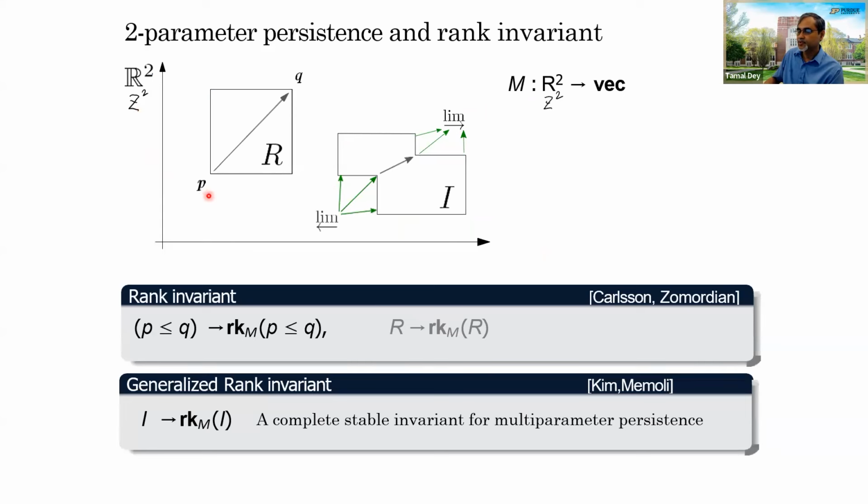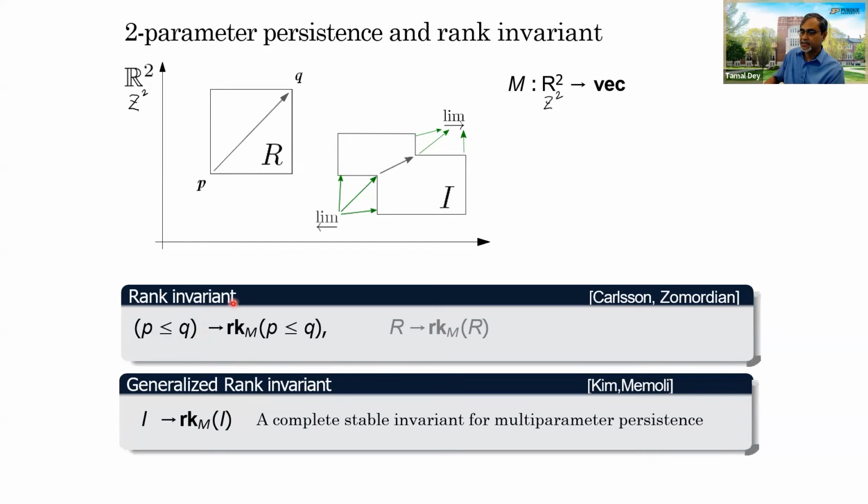For such a two-parameter persistence module, we already know that there is this rank invariant concept by Carlsson and Zomorodian. Basically, given 2 points p and q, which are comparable in this case, it maps the interval from p to q to the rank of the internal map from p to q defined by the module.